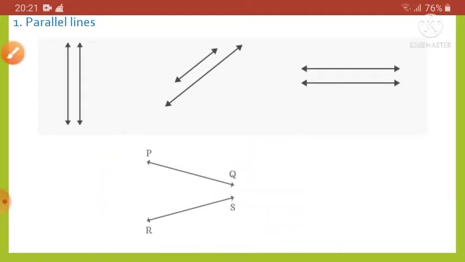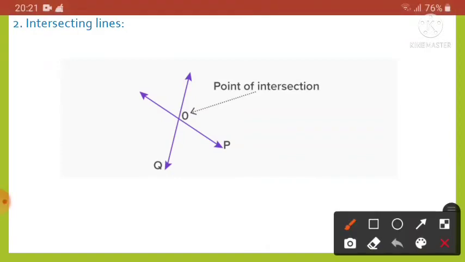Next is intersecting lines. When two or more lines meet each other at a point, the lines are called intersecting lines.